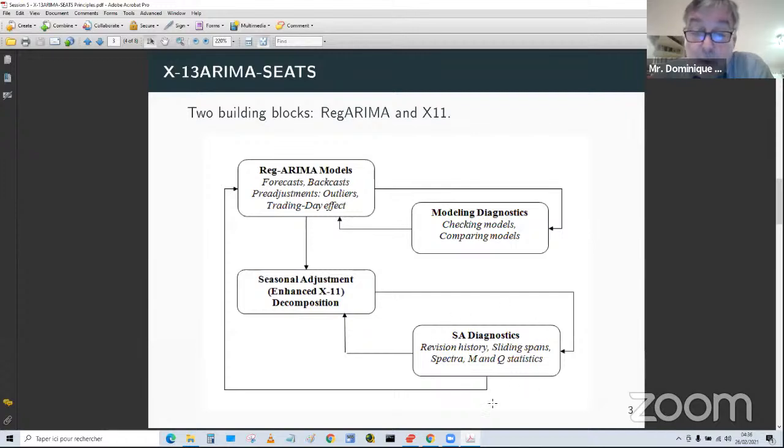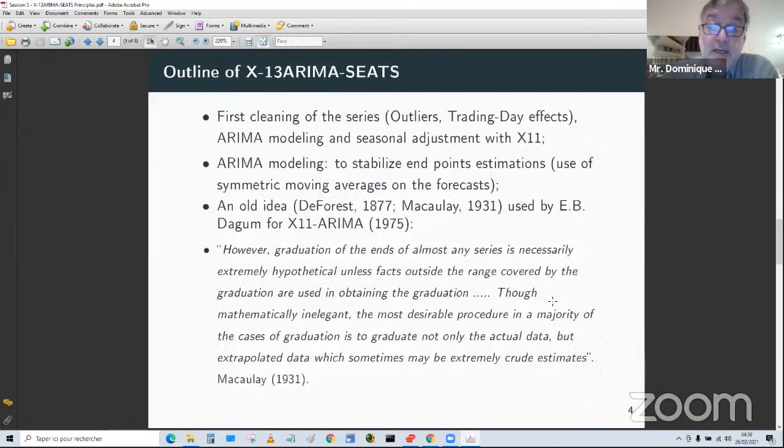And after, you have all the diagnostics you can use to judge the quality of the adjustment. So remember that: first screening of a series with ARIMA modeling, and after seasonal adjustment. Seasonal adjustment, I remind you, means estimation of a seasonal component.